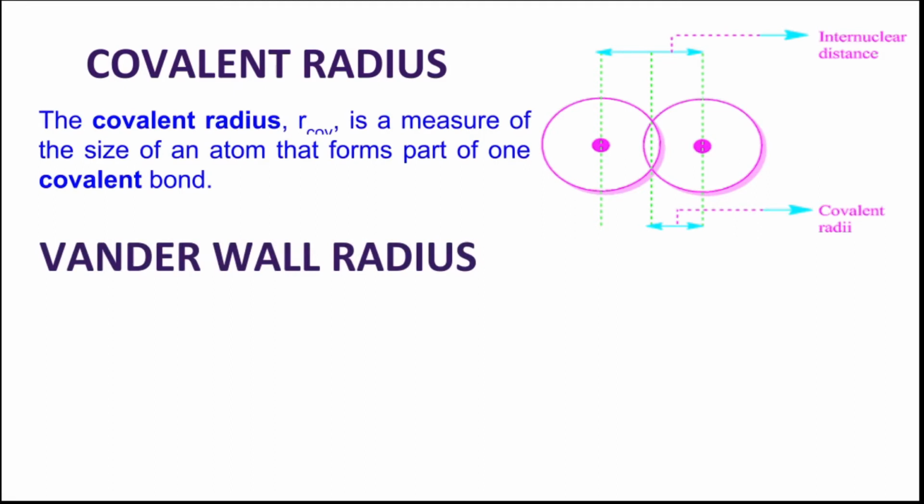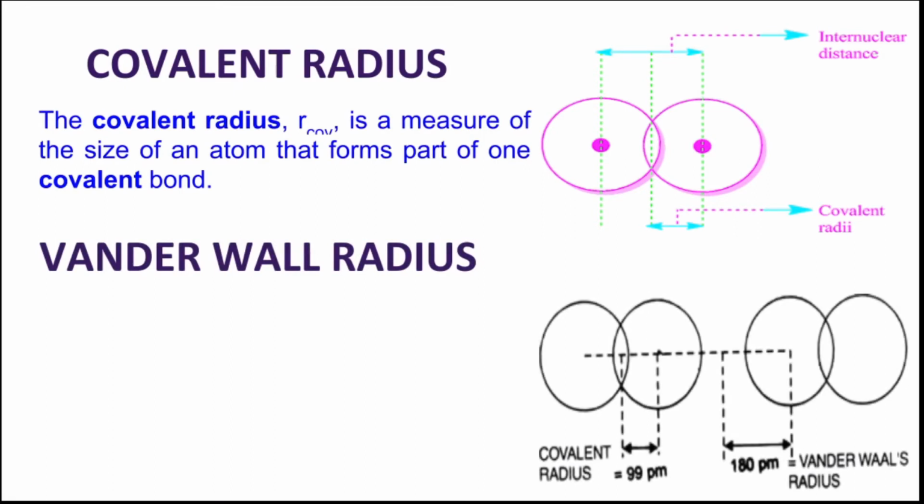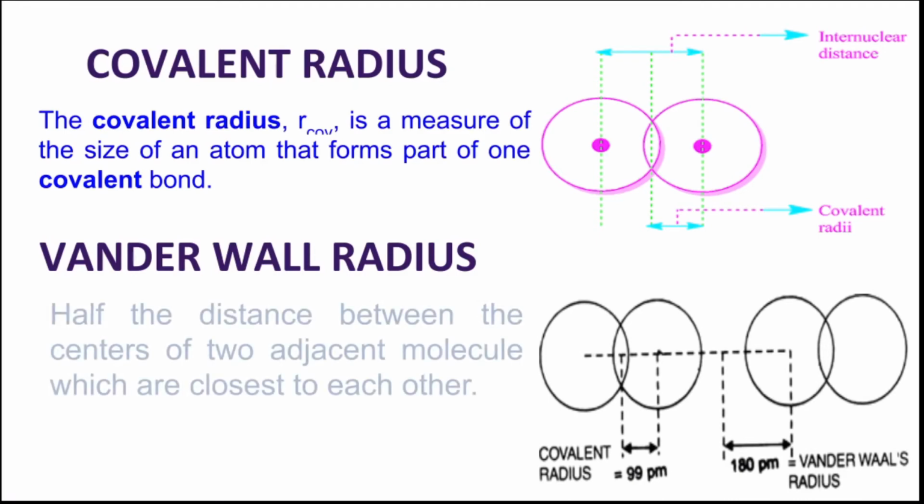Next, we shall look at what van der Waals radius is. As you see in the figure, van der Waals radius is half the distance between the centers of two adjacent molecules which are closest to each other.